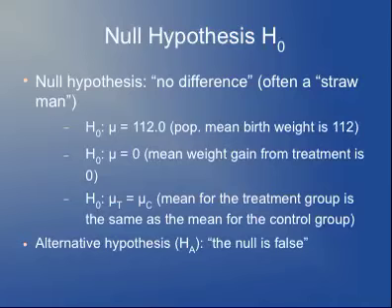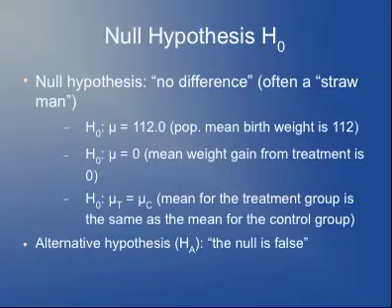So in the first example, we have that mu is equal to 112. So here we have that mu is equal to a specific value. So for instance, we have the mean birth weight is 112, or we could make any other hypothesis where mu is equal to a certain value.